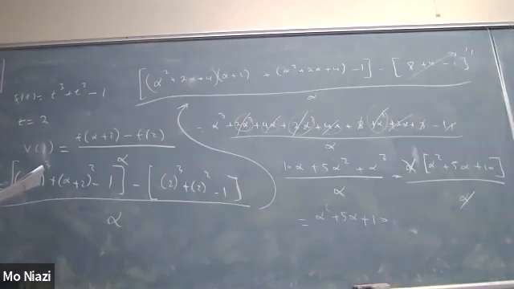Let's see here. So that is your V of 2. Okay, what happened here? Alpha squared plus... Oh.